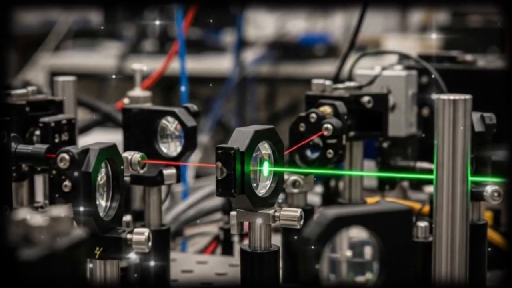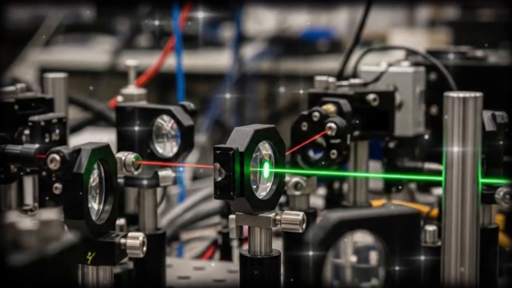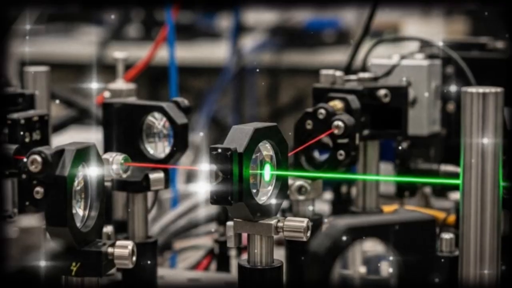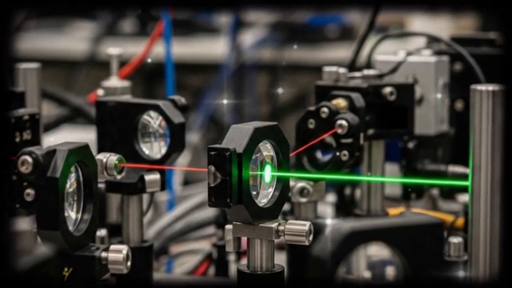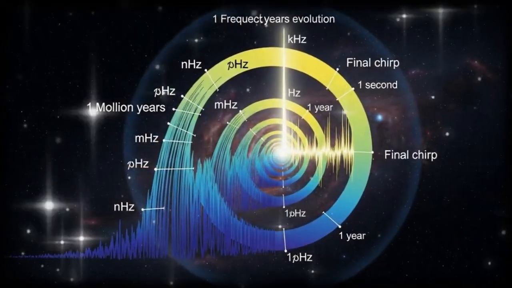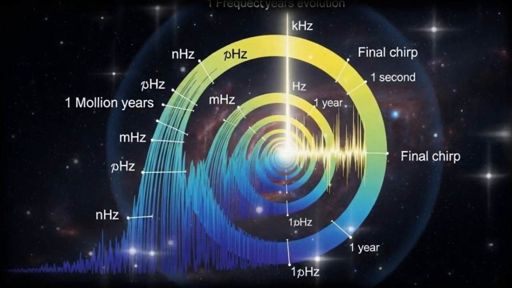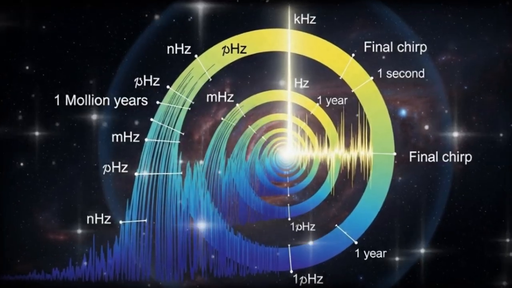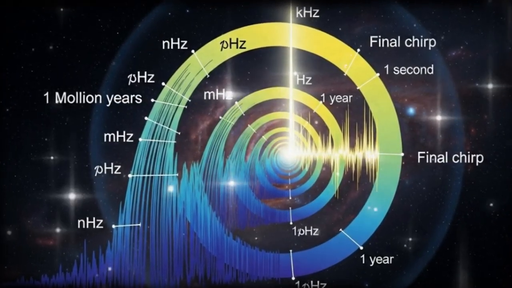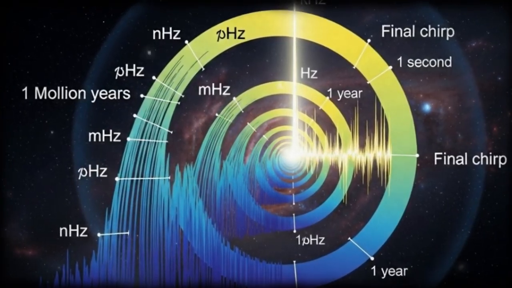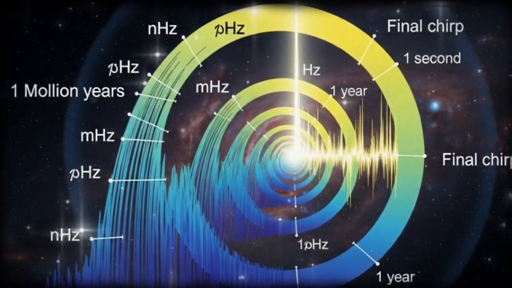The noise floor of the detector sets a minimum detectable strain, and this determines the maximum distance, called the horizon distance, at which a source of given intrinsic amplitude can be detected. For current LIGO sensitivity, the horizon distance for stellar mass binary black hole mergers of the GW150914 type is a few billion light-years, encompassing a volume containing billions of galaxies and an enormous number of potential merger events.